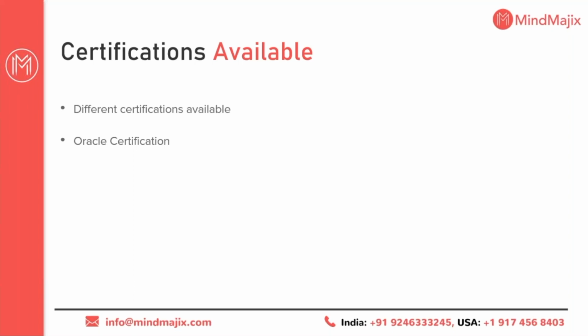Every version has evolved in terms of the usage facilities that it has given to users, and every version has a certification available. The Oracle certification is globally recognized in terms of the Oracle brand suite, and it does give you that extra edge over any other profiles that might apply for a job opening, or even adds to your entire skill set in your resume.